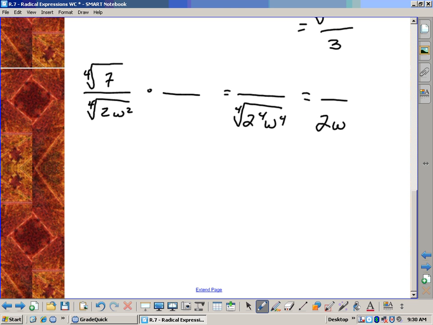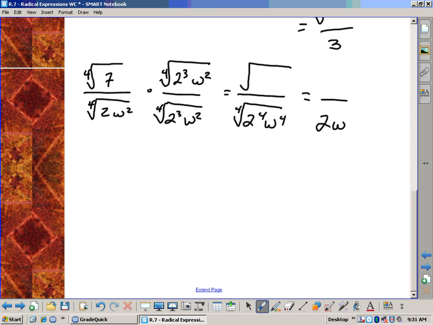So again, ask yourself, what's missing? To get 2 to become 2 to the 4th, I need to multiply that through by 2 to the 3rd, all of this underneath the 4th root again. And to get w squared to w to the 4th, I need to multiply it by w squared. Do it on the bottom, do it on the top. So I get 2 to the 3rd w squared.